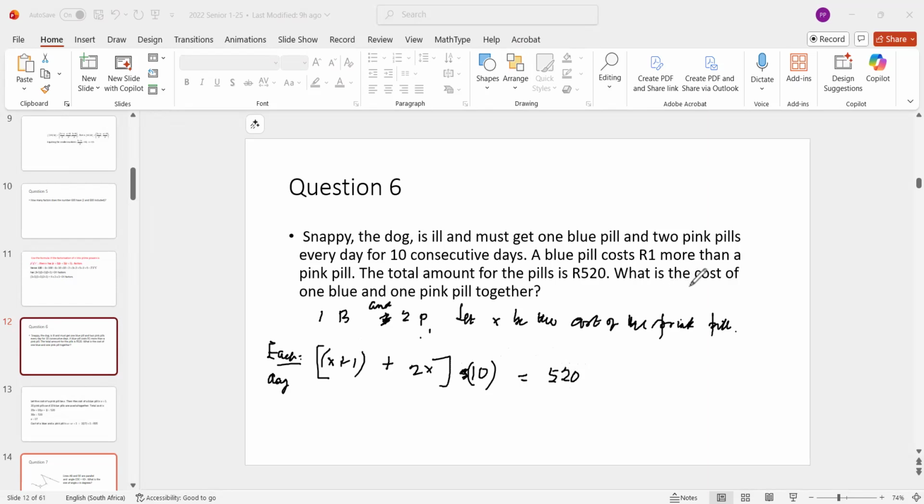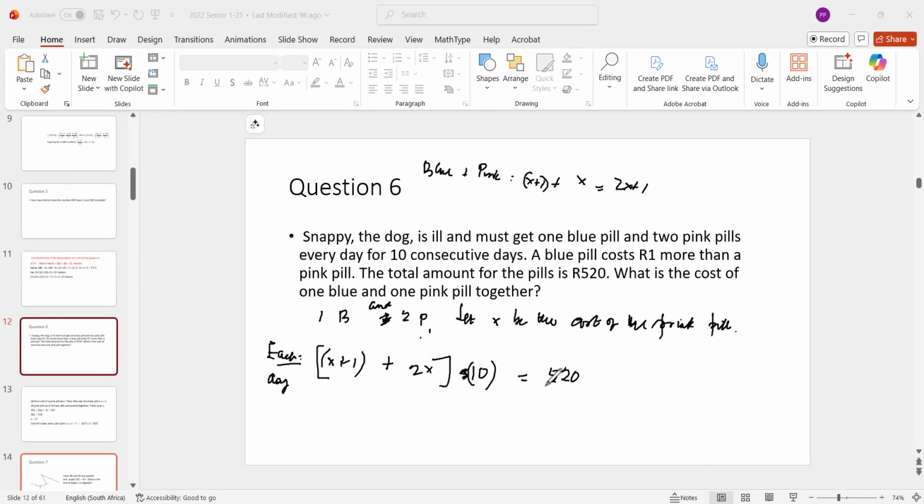All right, so they ask you, what is the cost of the blue and the pink pill together, right? Blue plus pink. We said the pink pill is X and the blue pill is one more.